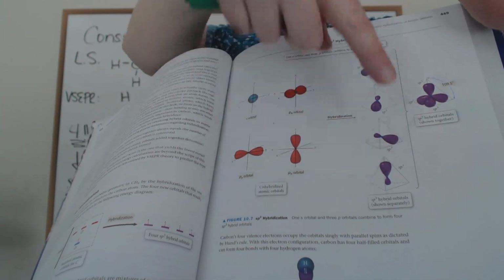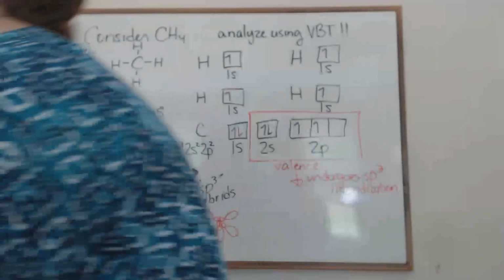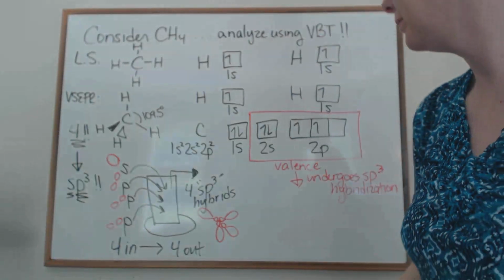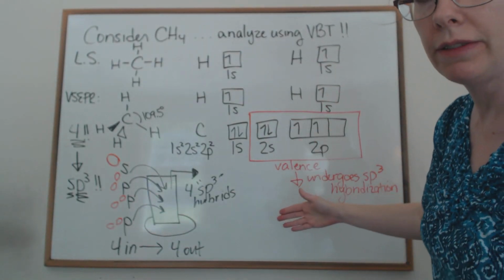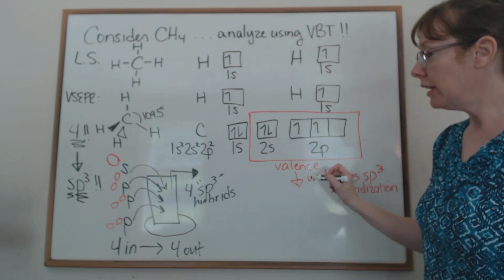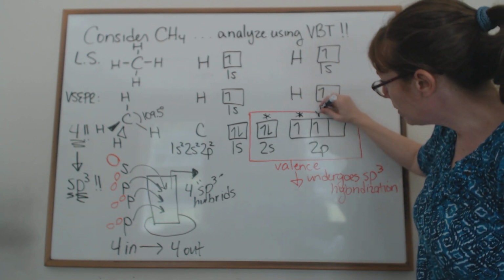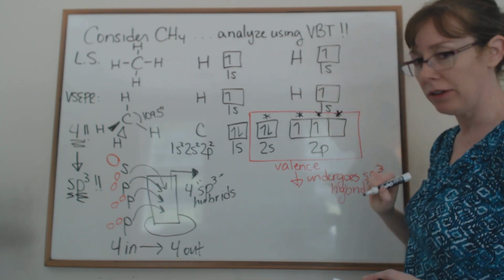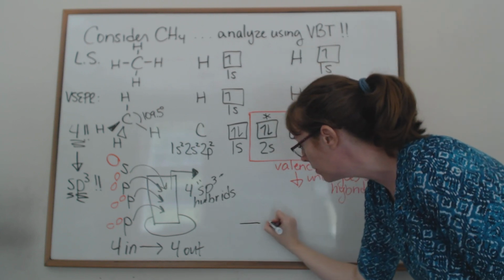Okay, so new shapes. Now, the key here is that all of these are equivalent in terms of the energy. Let me go ahead and show you how to think about this here. After hybridization, this s orbital and all 3 p orbitals get mixed together into your blender, and out come these new hybrid orbitals.